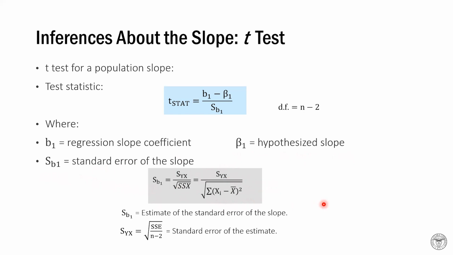Obviously, the computation of the standard error of the slope looks a bit scary too. The good news is that we can rely on software such as Excel for some help.